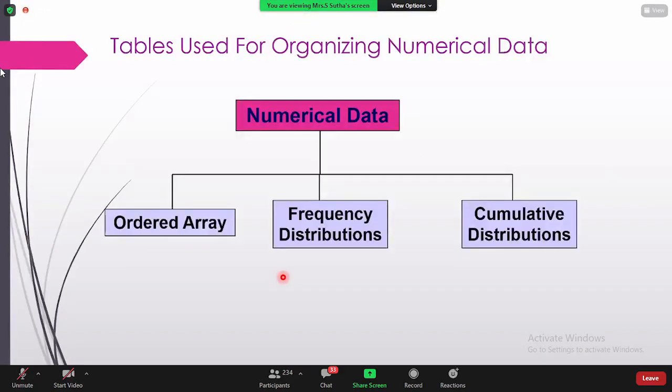So for the numerical data, that means for the quantitative data, we can use ordered array, frequency distributions, and cumulative distribution. These three kinds of distributions we can use for organizing or presenting the numerical data with charts and tables.